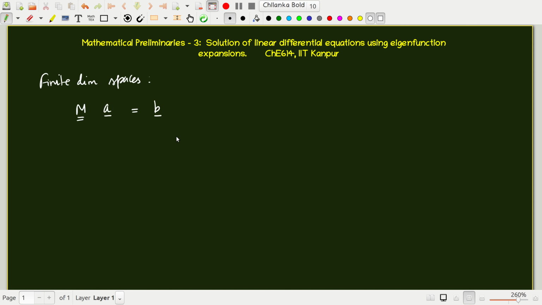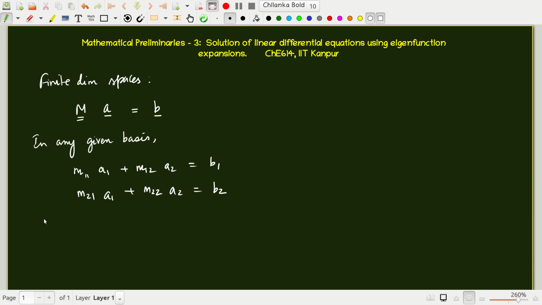Now if I express this in any given basis, what I will get is a set of coupled equations: M11 A1 plus M12 A2 is B1, and M21 A1 plus M22 A2 is B2.